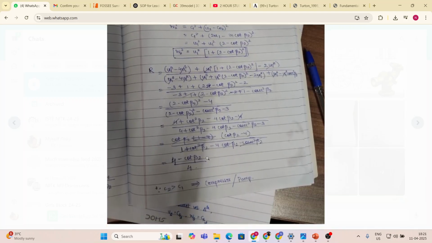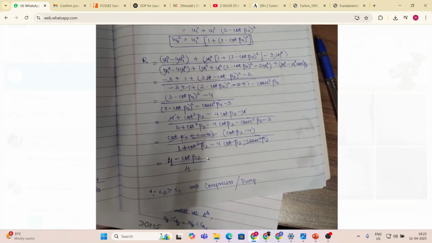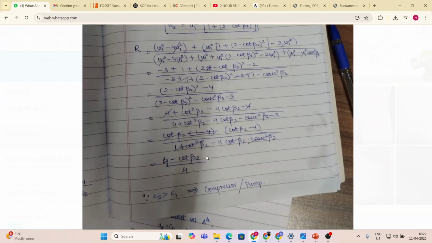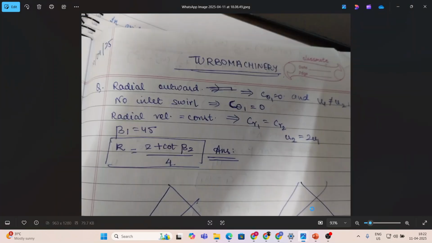Once I solve it, I get 4 minus cot beta 2 by 4. But the answer, as I showed initially online, is 2 plus cot beta 2 plus 4. So I have gotten 4 minus, and here it is 2 plus.